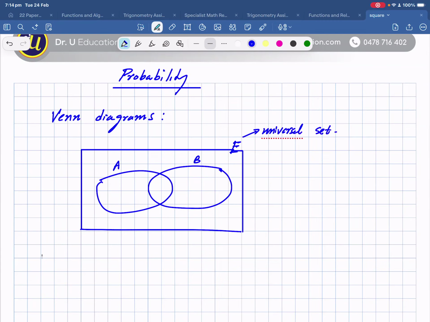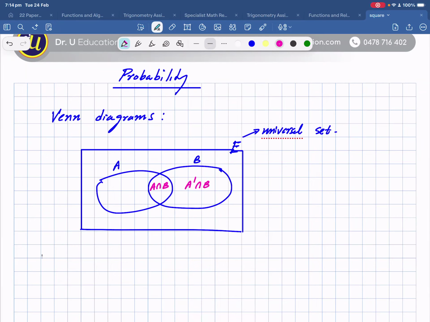Now, I'm going to understand what this one over here is, A intersection B. Intersection means common, so common between A and B. Then if you think about this part, this is A prime intersection B.